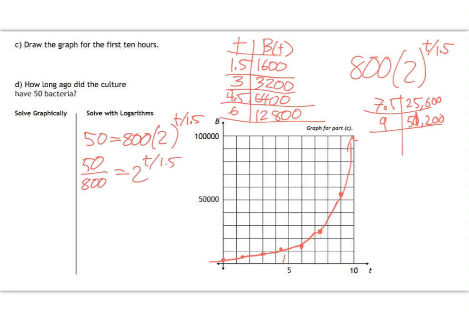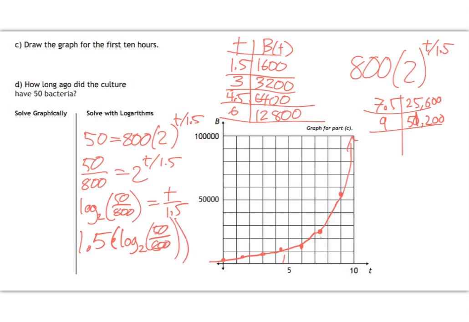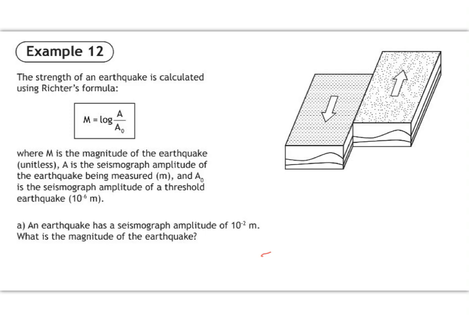I'm going to convert this to log base 2 of 50 over 800 is equal to t over 1.5, and then multiply that 1.5 to the other side. So we get log base 2, 50 over 800. And again, you've got access to calculators and Desmos and all that fun stuff, so you can get the decimal for that. I went to the wrong page.